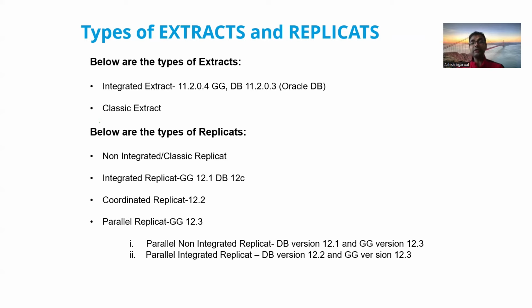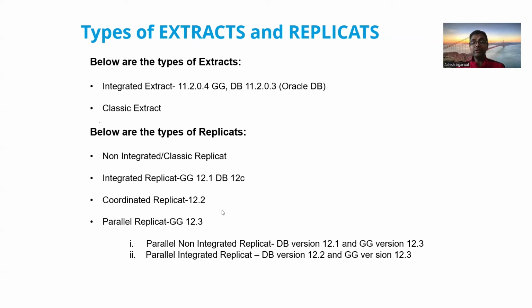Okay. So now when you have to set up GoldenGate, you can pick and choose whether you want to implement integrated replicat, integrated extract, or any other type of extract or replicat.